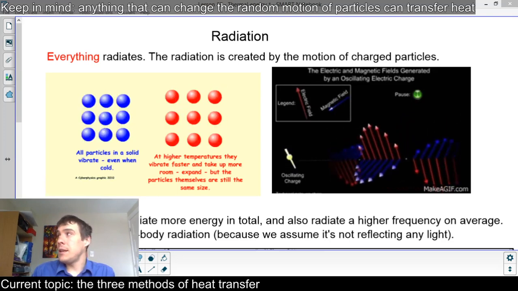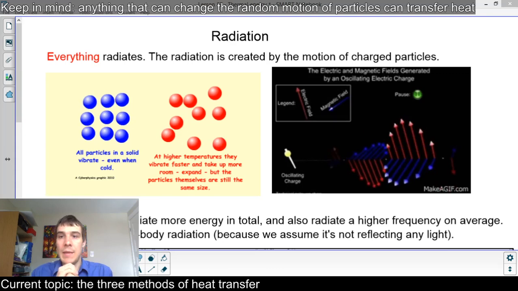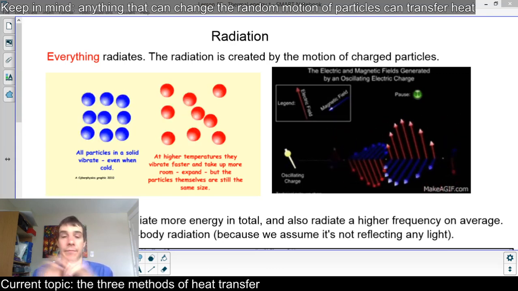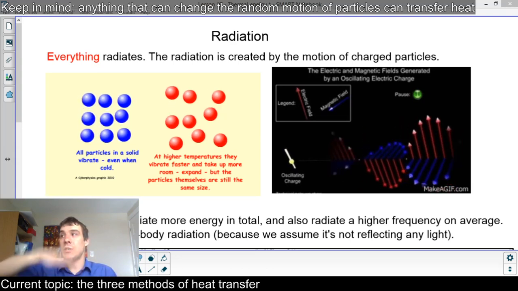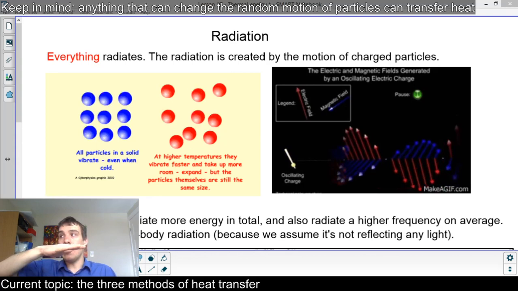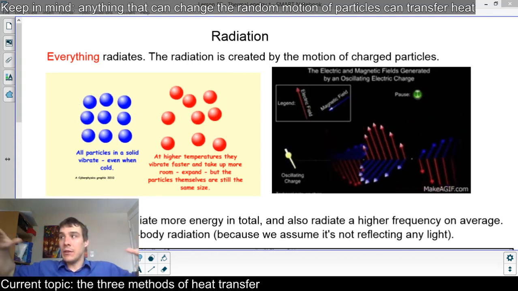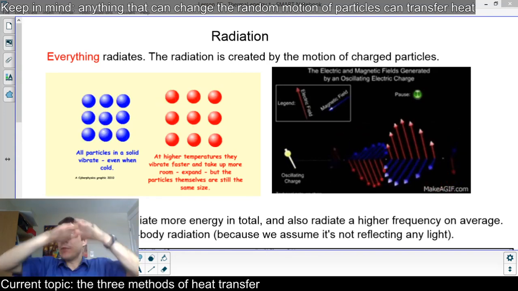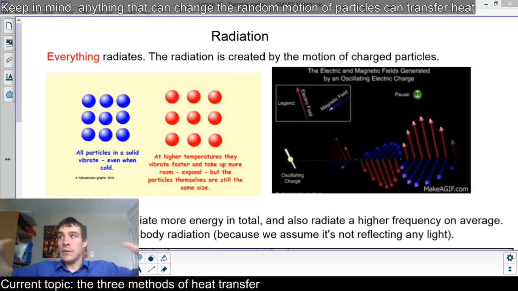Basically, radiation is interesting. Imagine having your hand on top of some water and you're pushing up and down. If your hand is pushing up and down, the water around your hand is going to push up and down in a wave and then spread out. And the faster you push your hand up and down, the more energy goes into that wave that's spreading out.